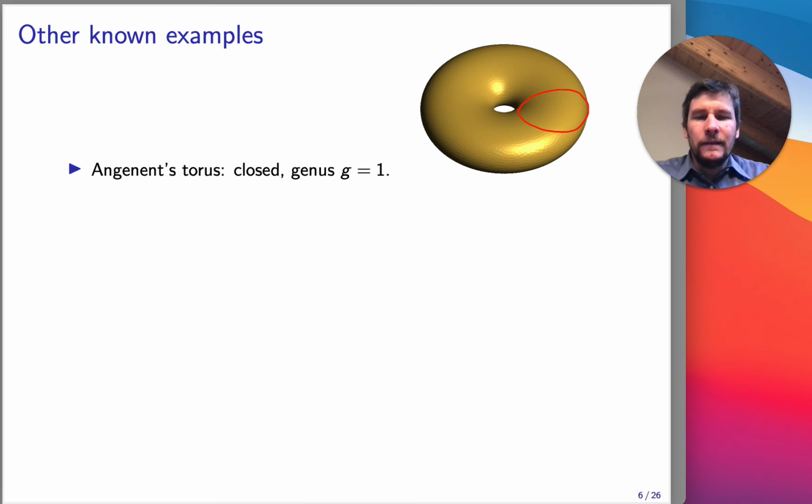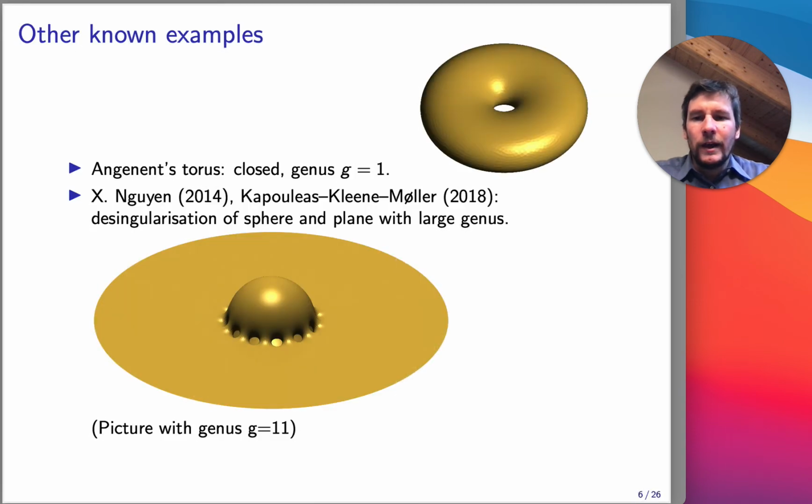Then the next object that I want to discuss has been found by Nguyen and, independently, by Kapouleas, Kleene and Møller, and this has been constructed via a desingularization of two self-shrinkers of genus 0, the plane and the sphere.